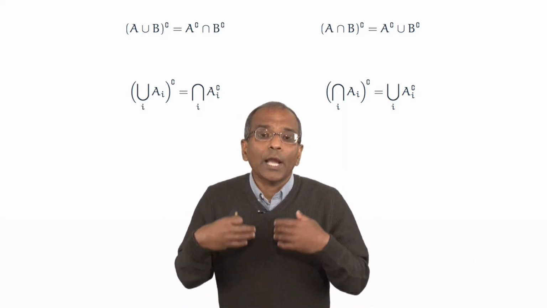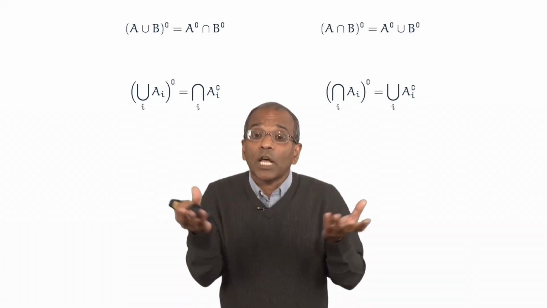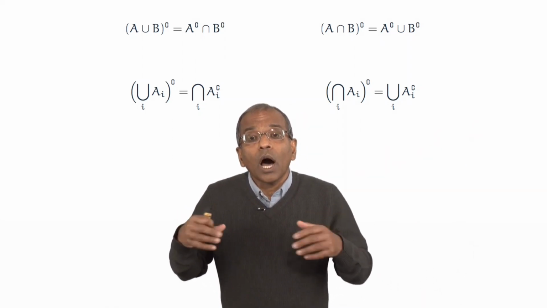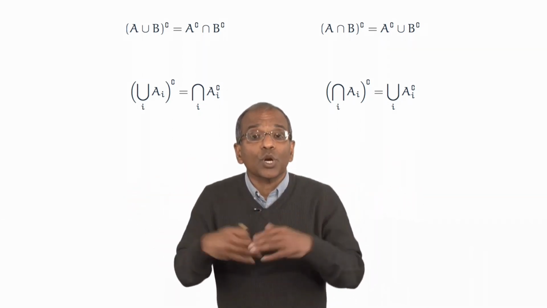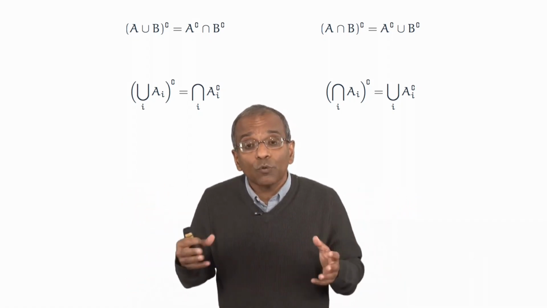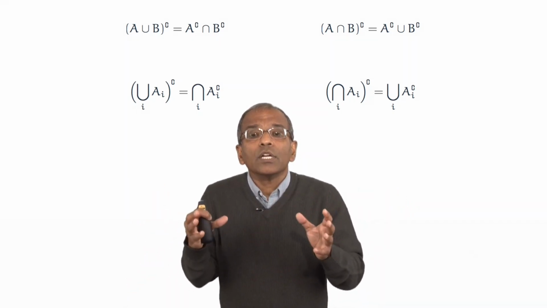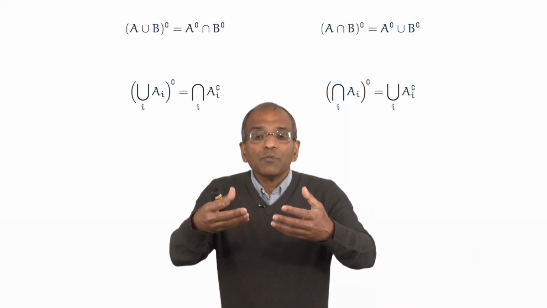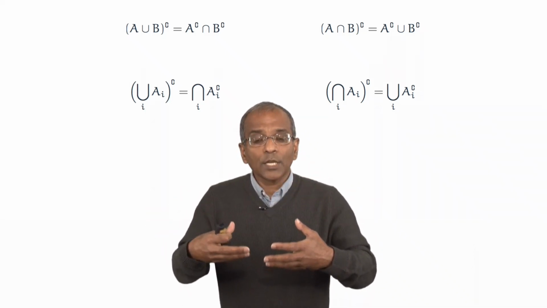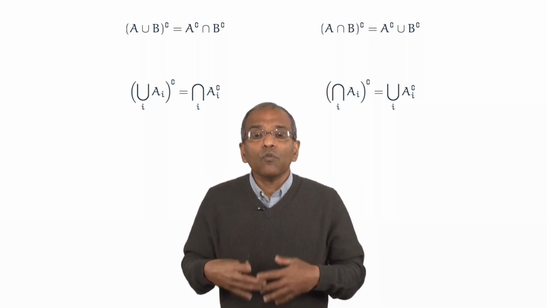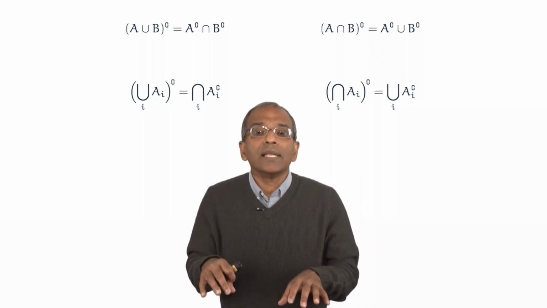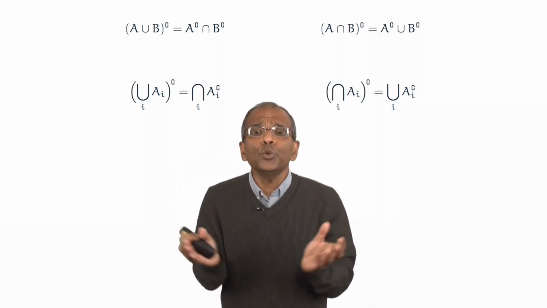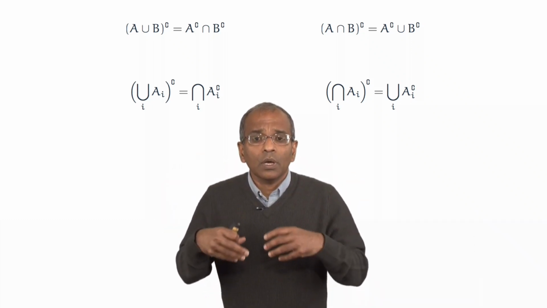For example, i could run through all the natural numbers, 1, 2, 3, 4, 5 ad infinitum, or i could run through all the integers, 0, 1, minus 1, 2, minus 2, and so forth. i runs through a finite or countably infinite range. And we immediately have analogues of De Morgan's laws for countable unions and countable intersections as well. These turn out to be hugely important and useful. Bear these in mind.